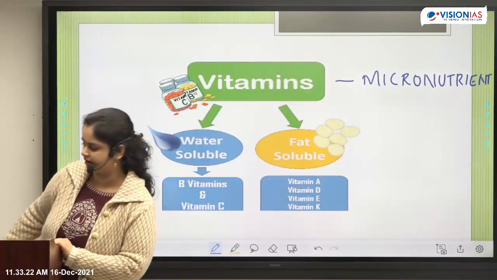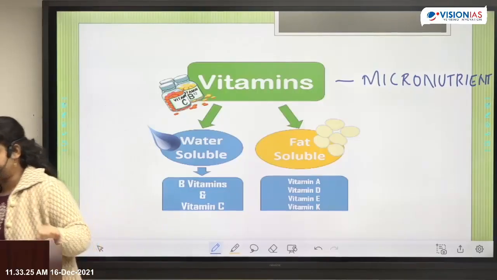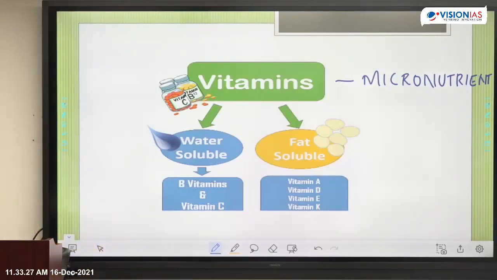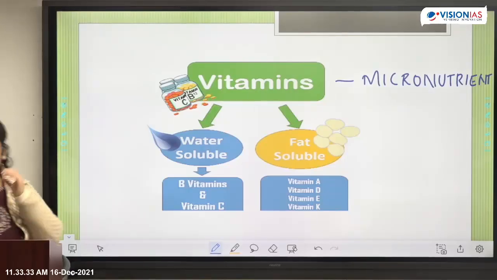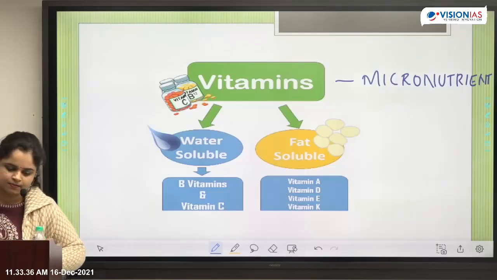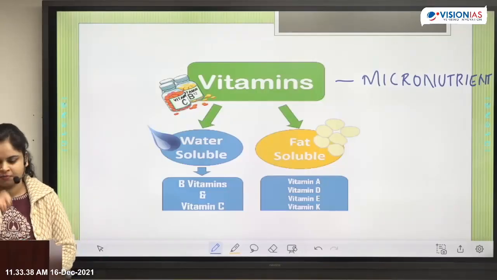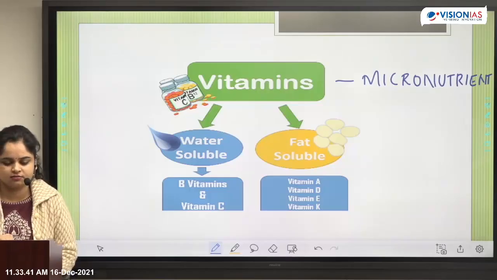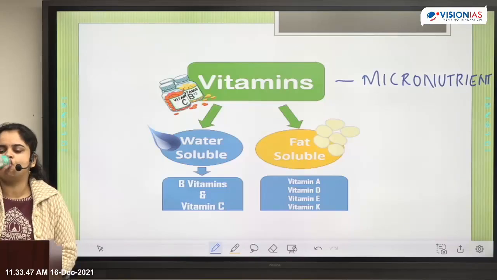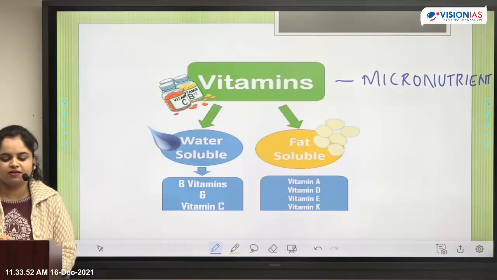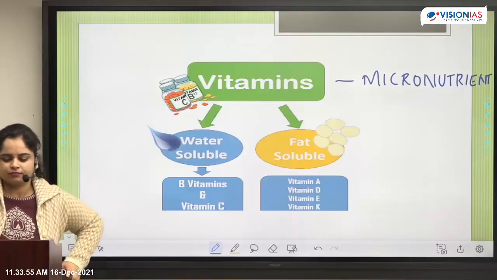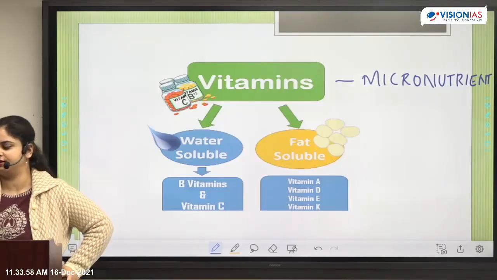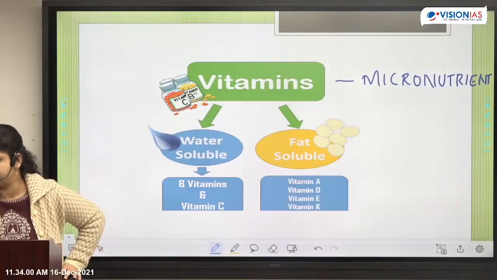They are micronutrients needed by the body in smaller quantities for the proper functioning of an organism.